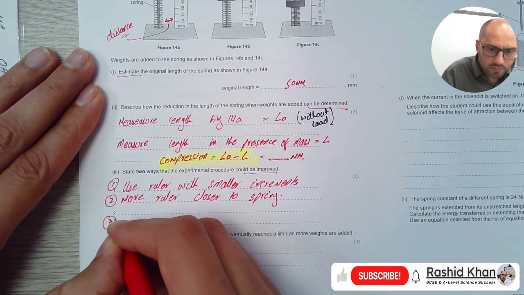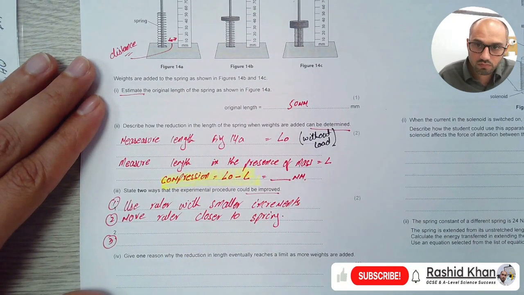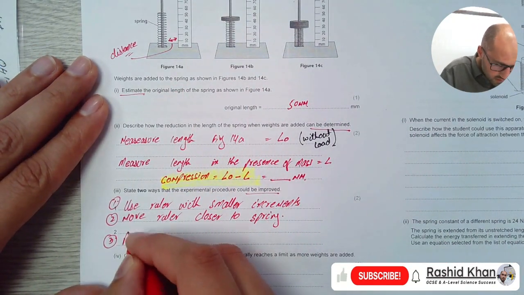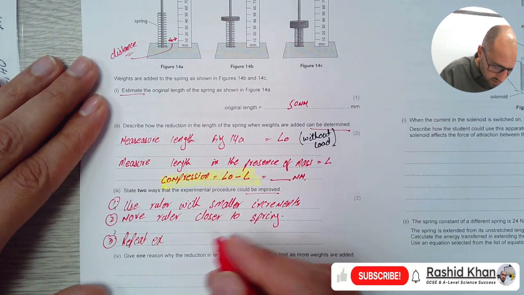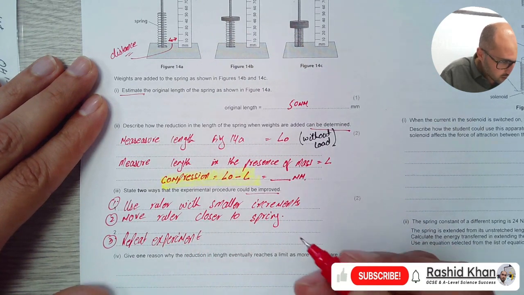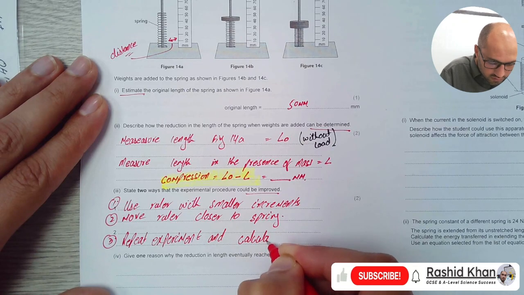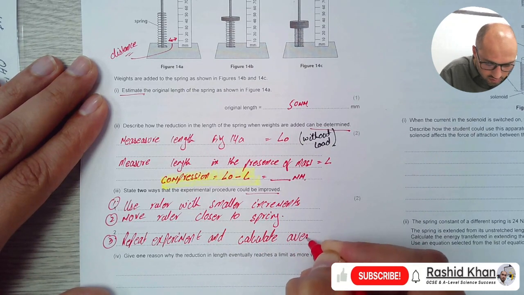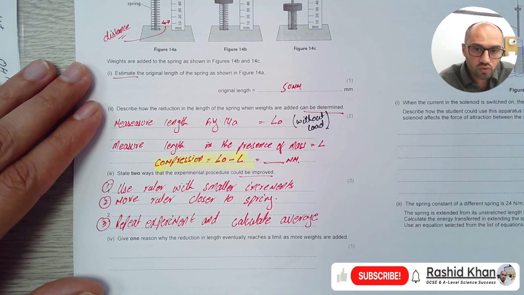I can do something more than this. How many times are they doing this experiment? Only 3 times. So we can say repeat the experiment and calculate the average. This question is a 2 marker, so you'll need at least 2 statements to gain those 2 marks.